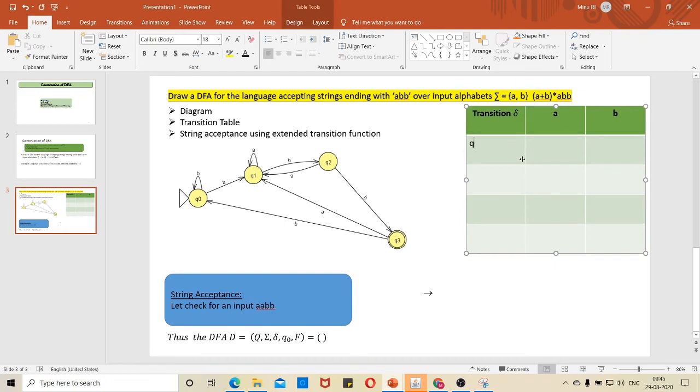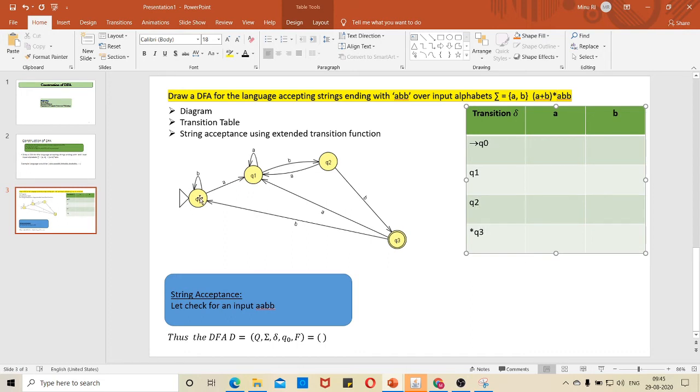So, make it as 4 states: Q0, Q1, Q2 and Q3. Sorry, I first wrote Q1 through Q4, but this error may happen, so be very careful.